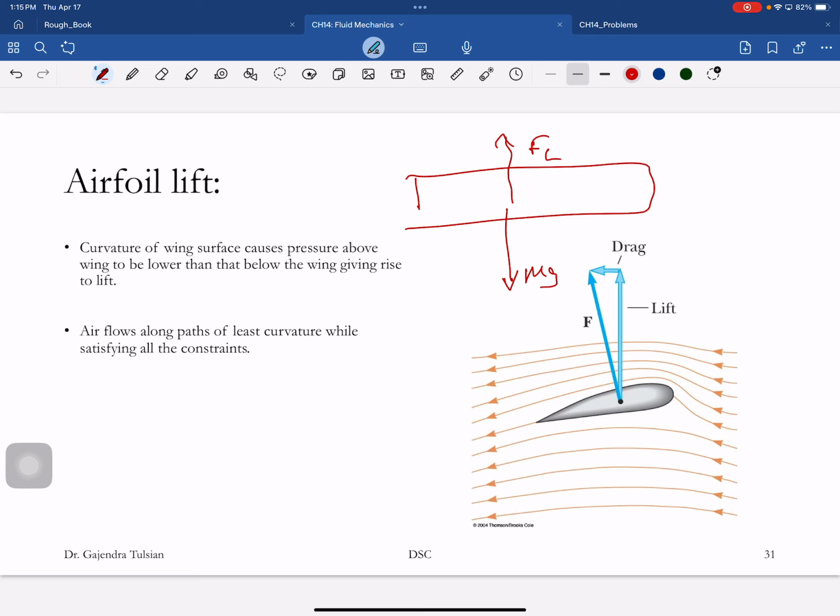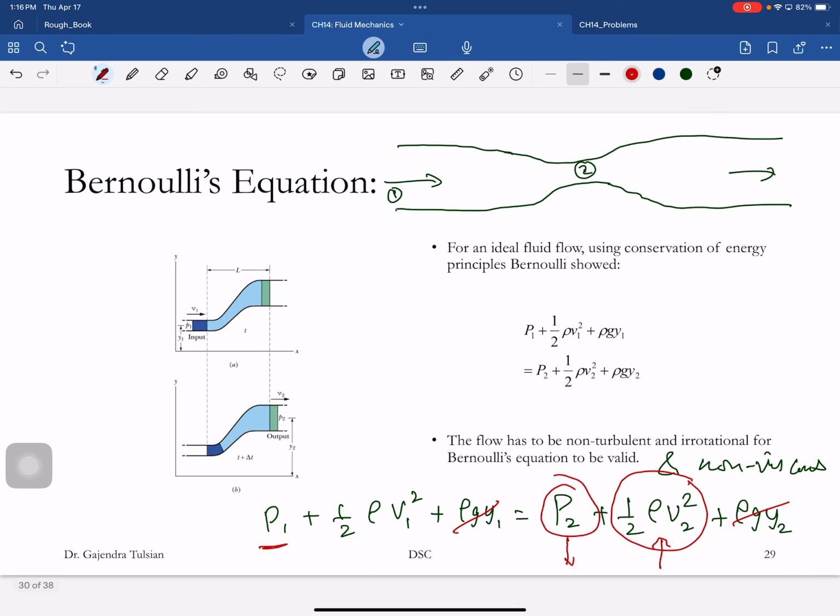So this plane is flying in this direction, and air is flowing like that. Because of the shape of the airfoil, this air has to travel a greater distance. It has to travel faster. When fluid is traveling faster, the pressure is lower.